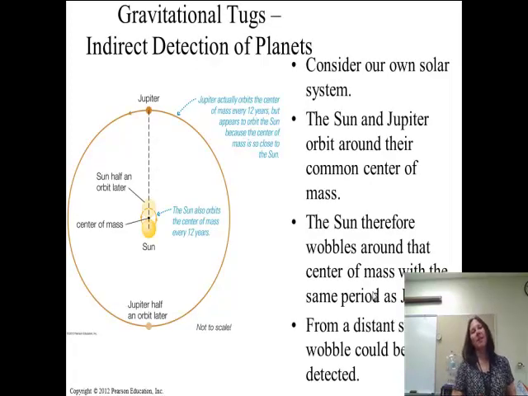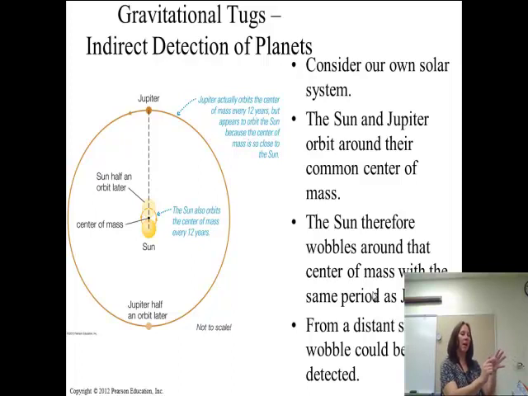Okay, so for instance, indirectly knowing that a planet is orbiting a distant star: if we were on a planet somewhere else orbiting a different star and we were looking back at our sun, we actually would see our sun wiggle a little bit.